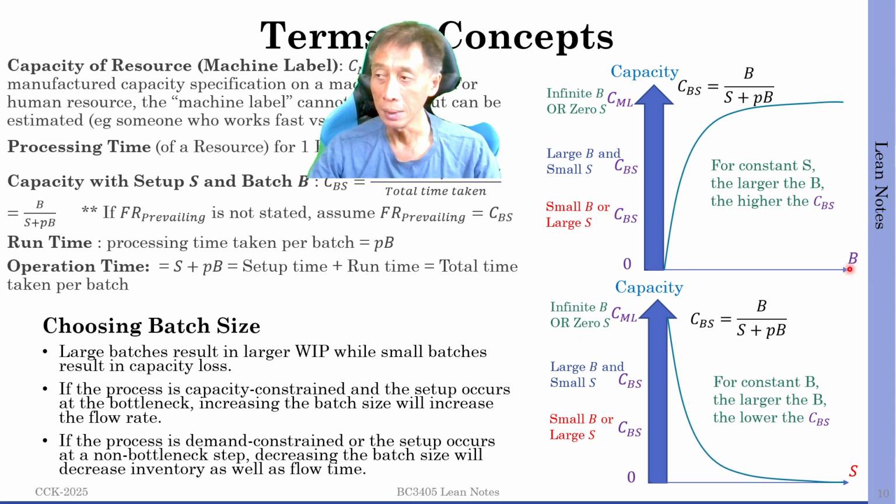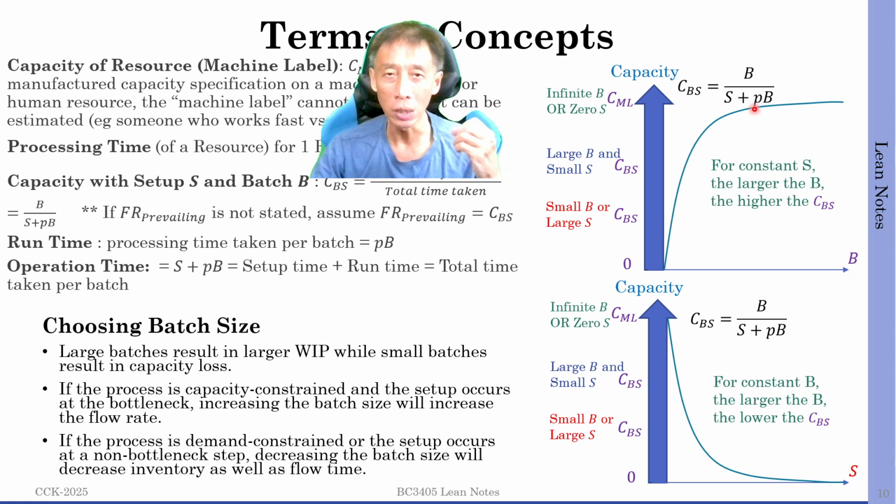As batch size gets larger and larger, we assume S is constant, setup time is 10 minutes fixed. You can think of S as the fixed cost, and P is the variable cost in terms of time.